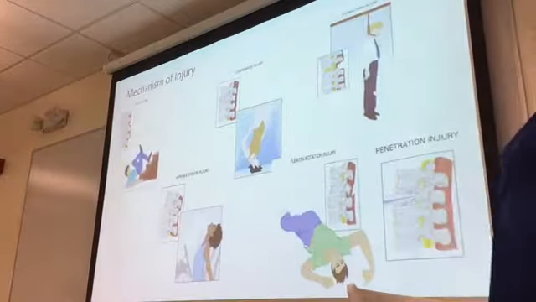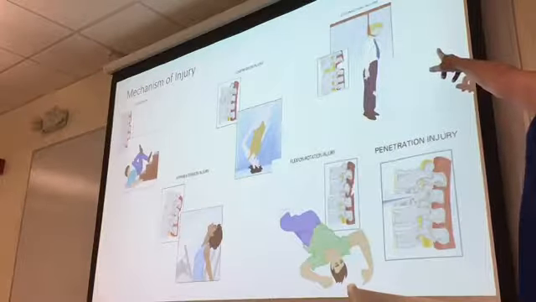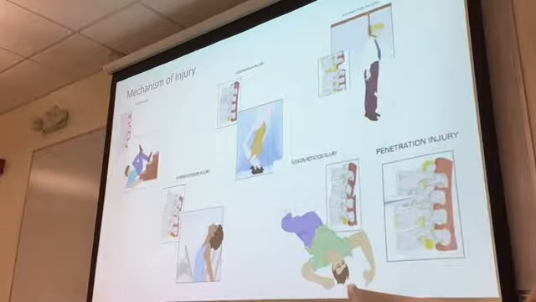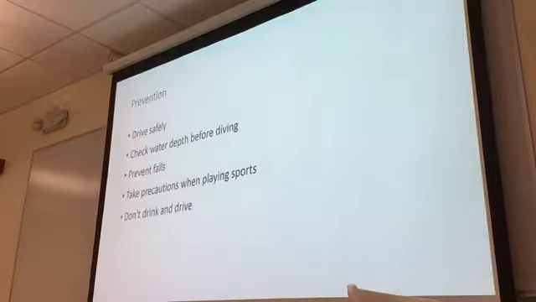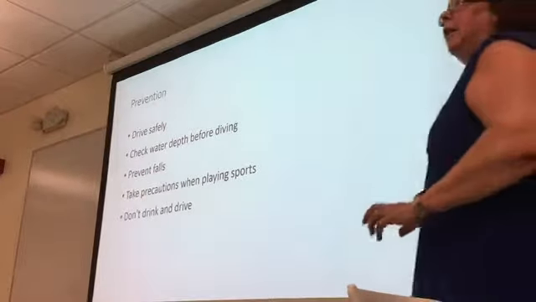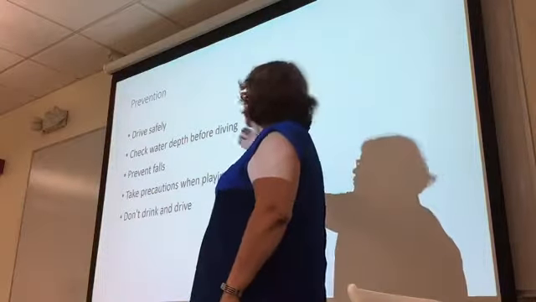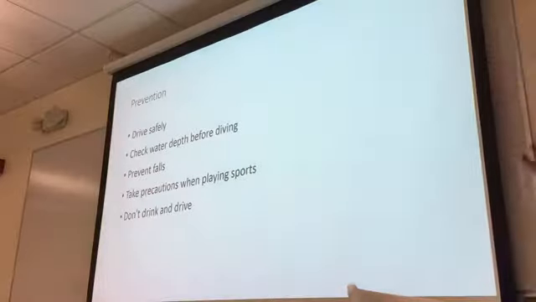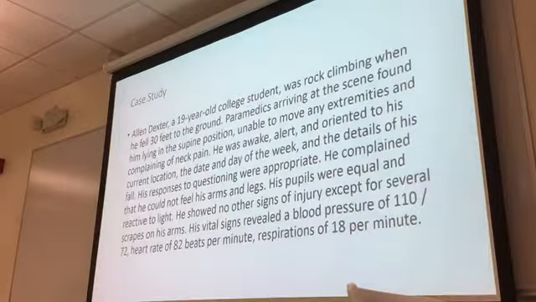If you survive hanging, you would do damage to the spinal cord just from the weight alone, or penetration by gunshot. All those are different mechanisms of injury. So prevention's key: driving safely, checking the water depth, feet first, preventing falls, wearing the appropriate equipment for sports, and no drinking and driving.